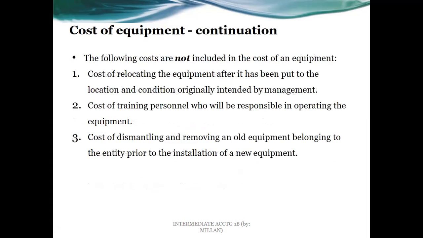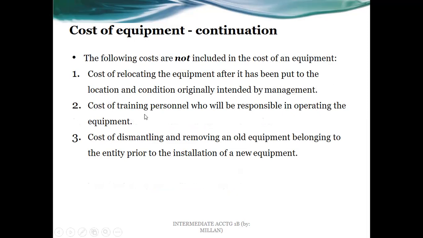Next, for the continuation, here are the items which are not included as the cost of an equipment. For example, the relocation of the equipment, however, once it has already been ready for its intended use or purpose, is excluded. Remember, only from the purchase up to the time it is ready for use that we are going to capitalize.